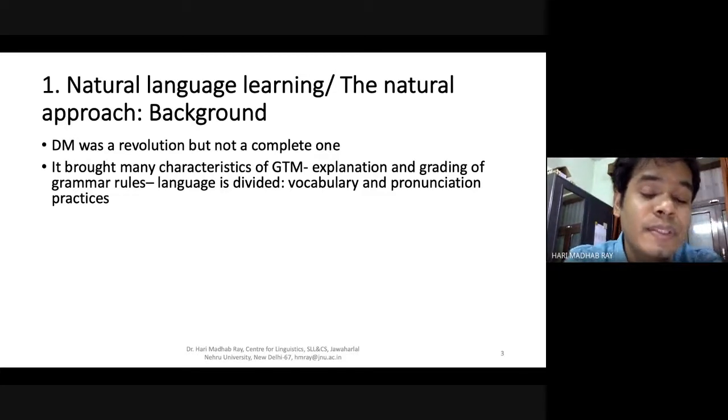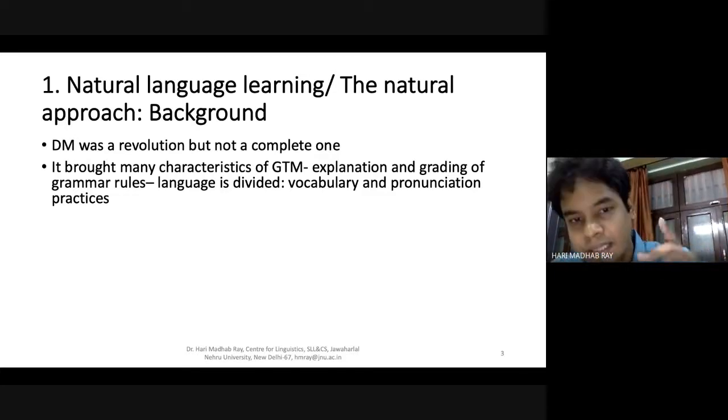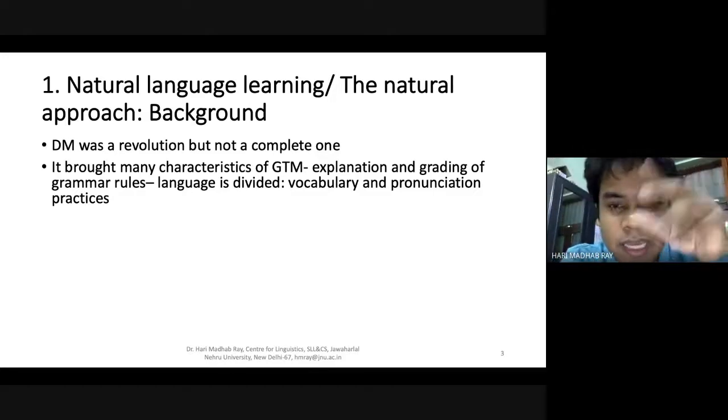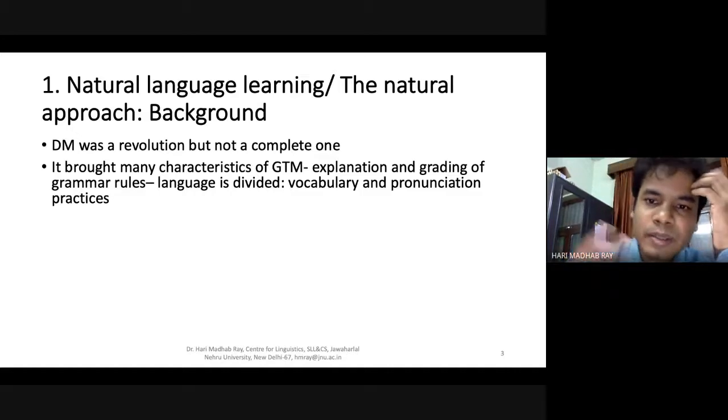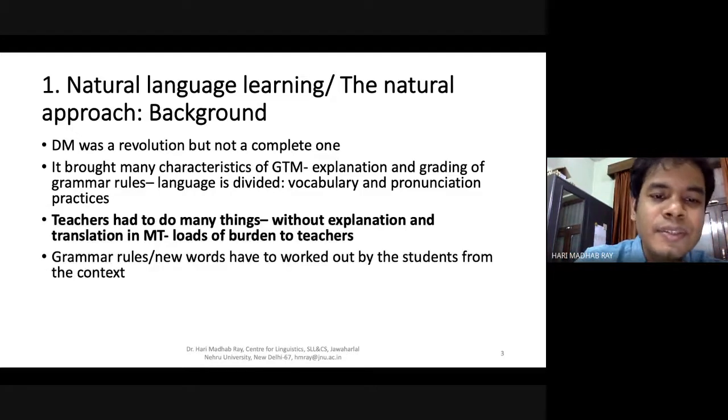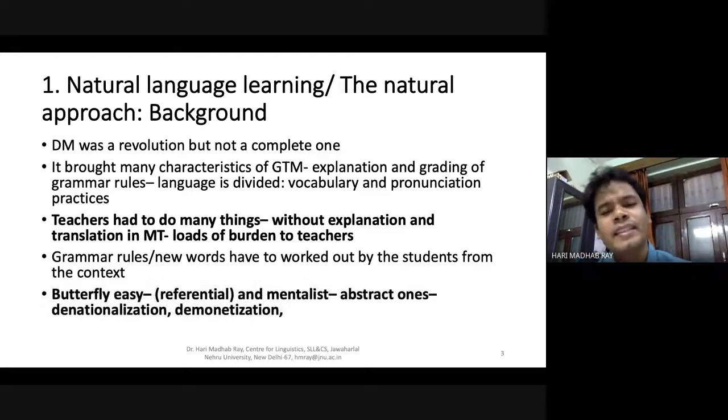Language was divided into two things here. One is vocabulary, as you remember, and the other is pronunciation practice, and the emphasis was more on pronunciation practice. Teachers had to do many things without explanation and translation, so lots of burden on teachers.